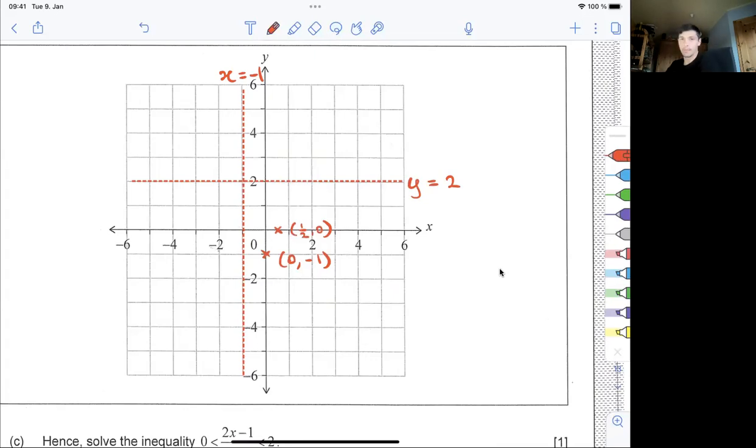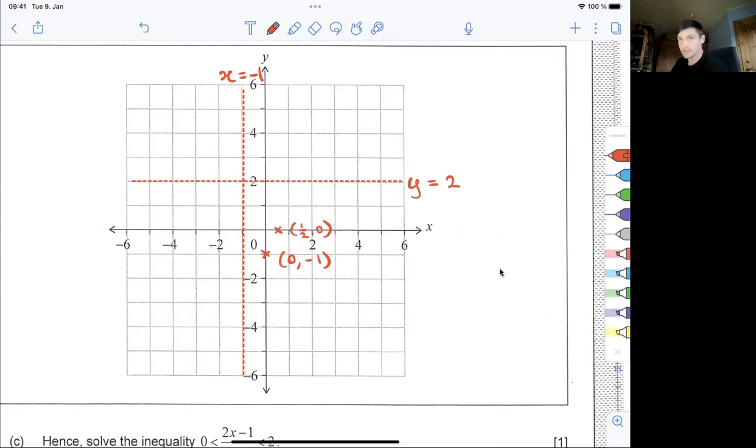Now, in part two of question A, we talked about the limits as x tends to positive and negative infinity, and we found that our function tends towards 2. So as x tends towards positive infinity, our line tends towards the line y equals 2, but never quite touches it.